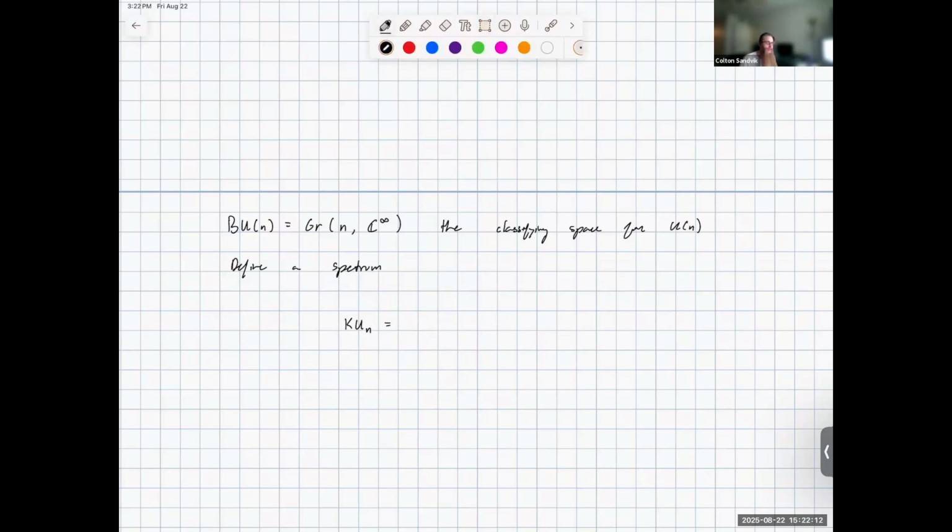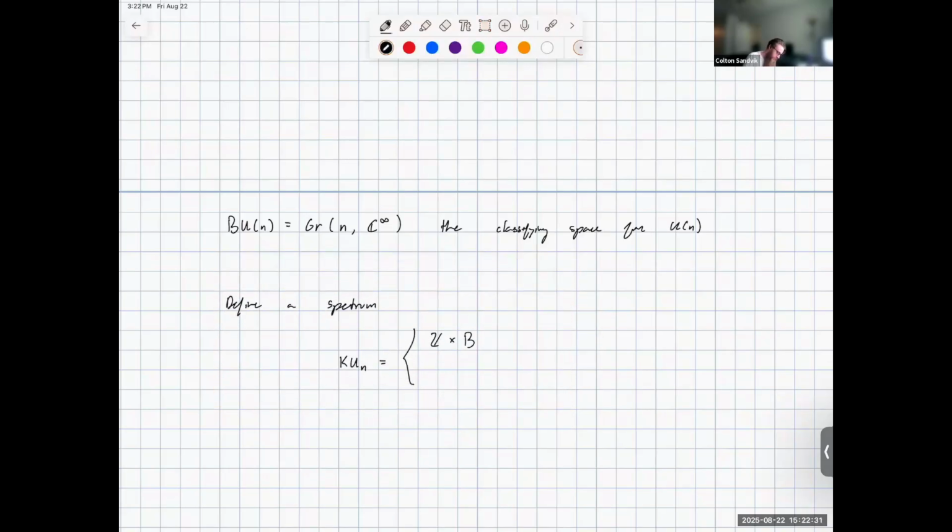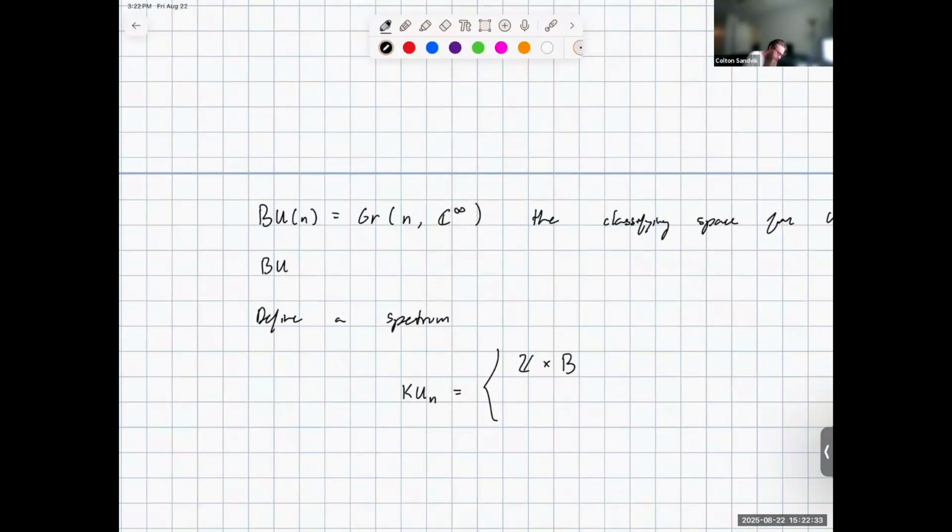He's also running a seminar on K-theory, so I think this is good. Sorry, let me say: take BU to be the homotopy colimit of these BUn.